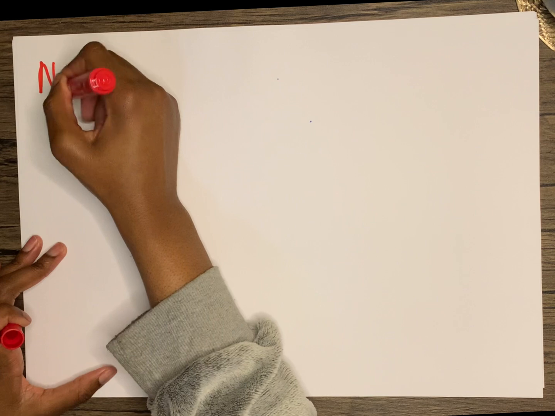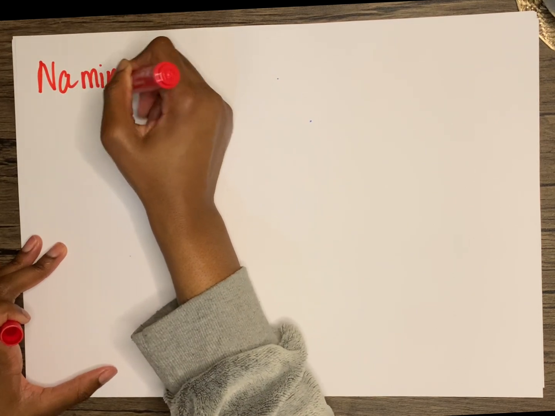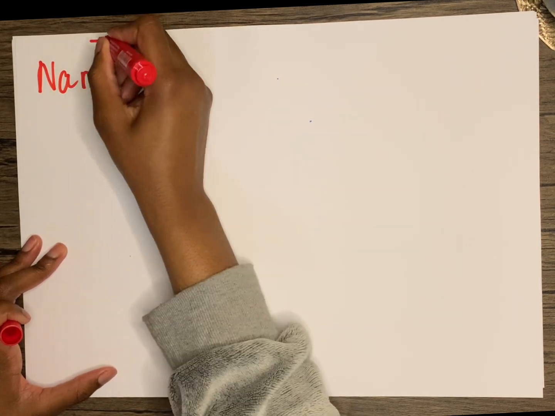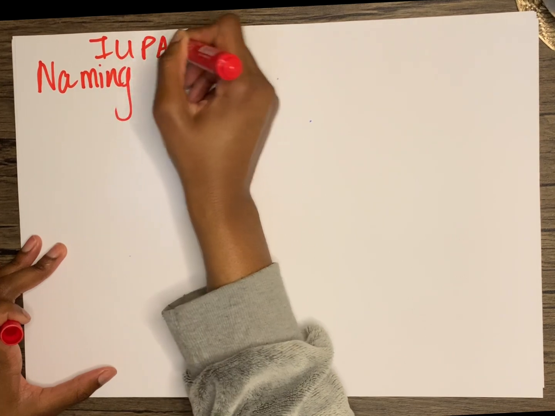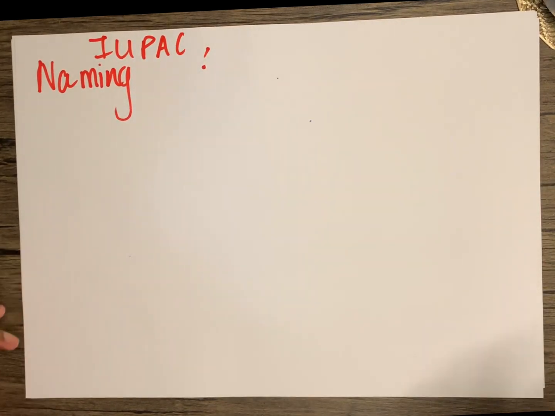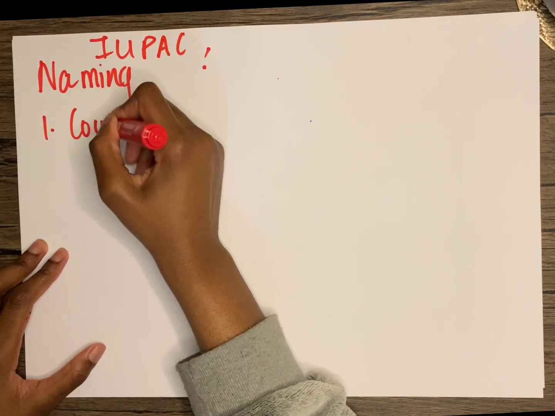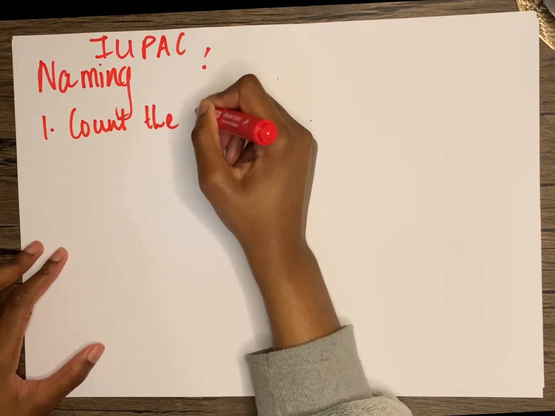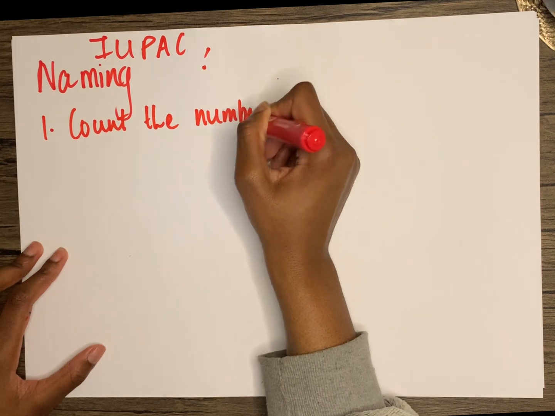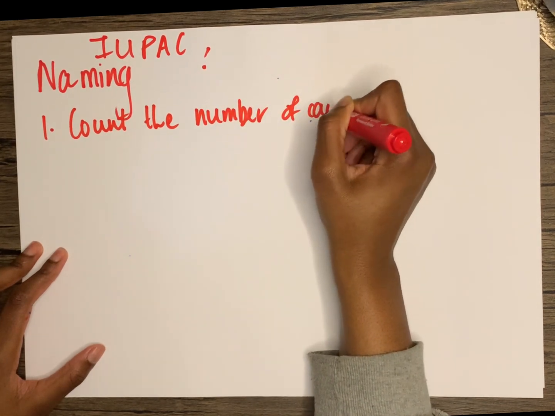So for the naming, there are some basic rules that you must remember when doing your IUPAC naming. Number 1, count the number of carbons in the longest chain.